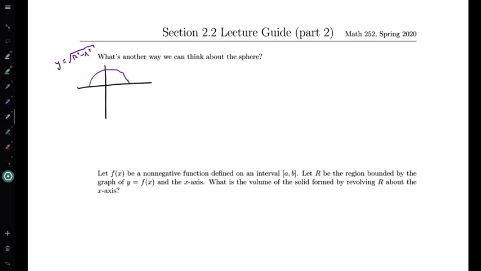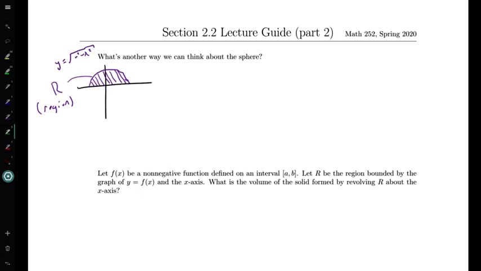And here's why I want to use a lowercase r for the region: I want to call the region between the curve and the x-axis, a region we're pretty familiar with, R. And what we want to do is take R and revolve it about the x-axis so that it does a full revolution.